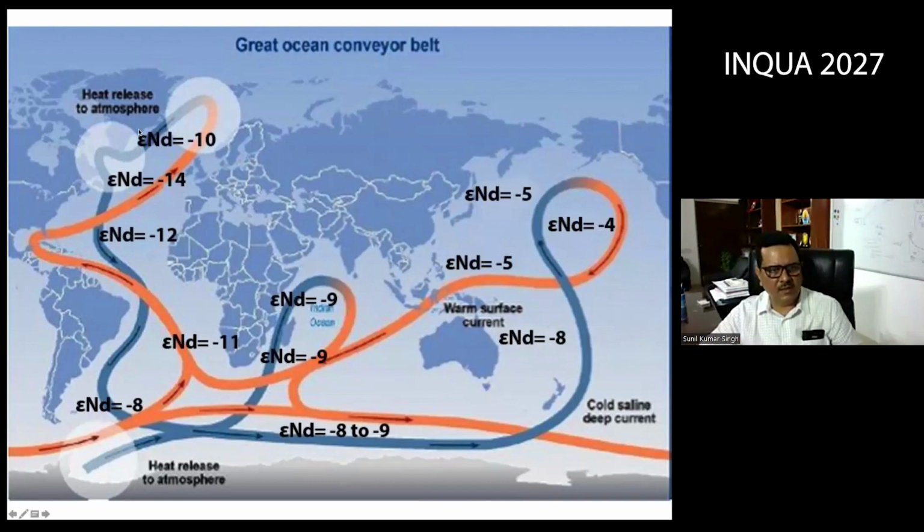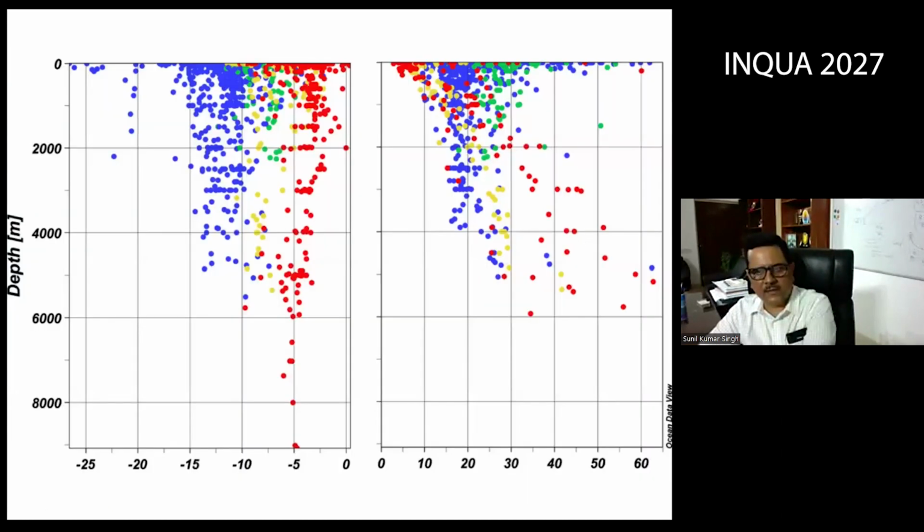The deep water where it is forming is about minus 14. The other Antarctic water, which forms Antarctic bottom water, is about minus 8. In the Pacific, it was minus 4, and the Indian, as I told you, has been considered a mixture of minus 14 and minus 4, so it is about minus 9. We'll see how the current result is shaping up. Till now, a lot of study has been carried out, as I told you, in the Pacific and Atlantic.